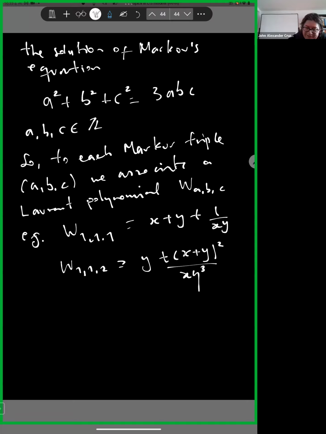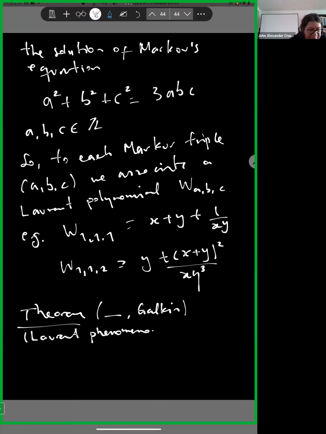So the first thing is this theorem. This is a theorem by myself and Galkin originally, but now it is mentioned by other people. We call it the Laurent phenomenon for Landau-Ginzburg models. So what is this?